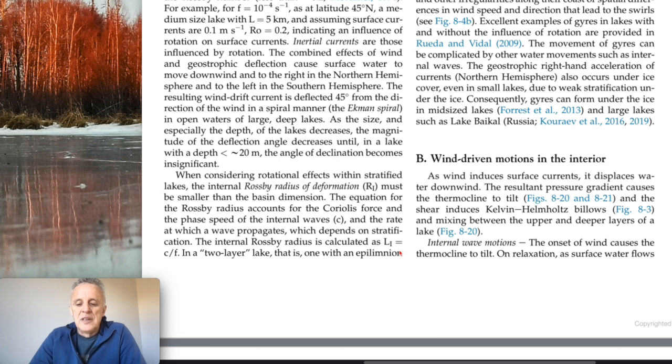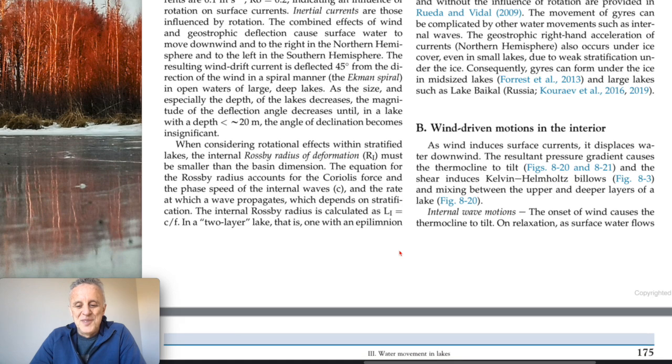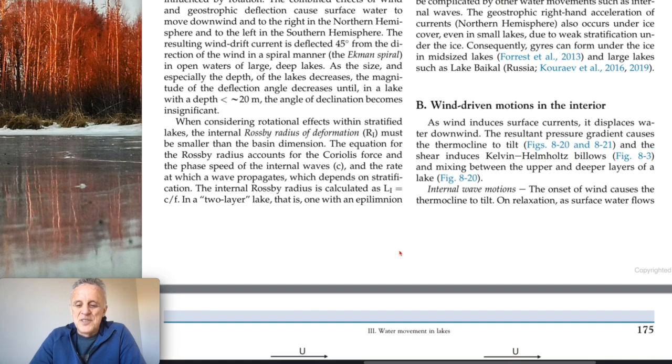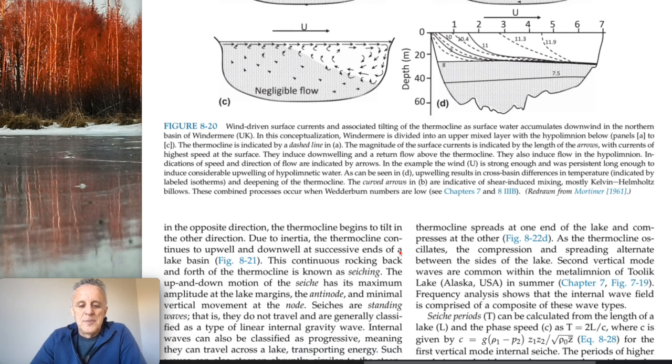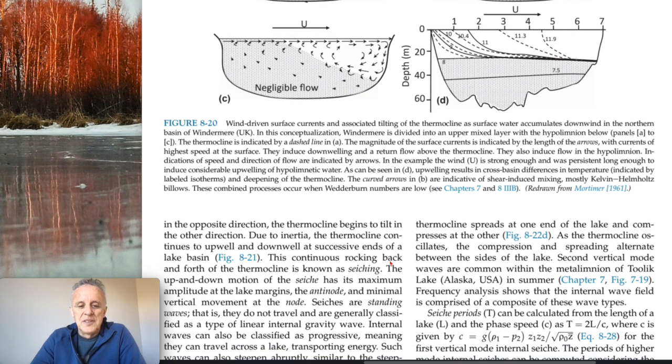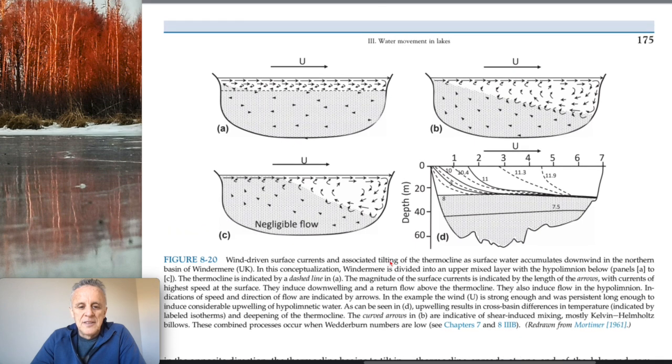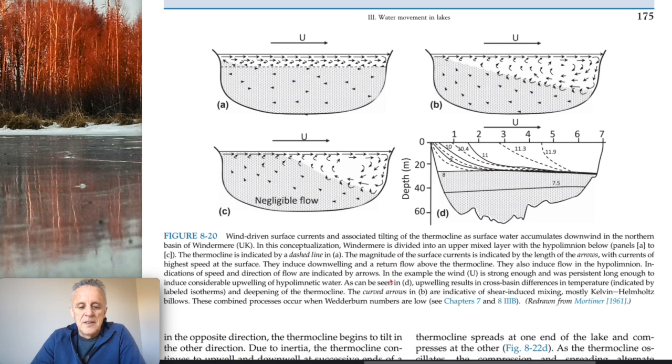Internal wave motions. The onset of wind causes the thermocline to tilt, which we already know. On relaxation, as surface water flows in the opposite direction, the thermocline begins to tilt in the other direction. Okay, so let's look at Figure 8-20, wind-driven surface currents and associated tilting of the thermocline as surface water accumulates downwind in the northern basin of Windermere in the UK.